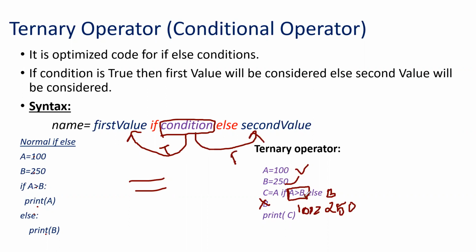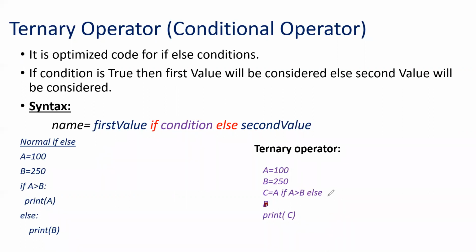Now the condition is false, so it goes to the next value, that is B. So B is here, and the B value is stored in the variable called C. Now I want to print C. Whatever the value is in B will be printed with the variable called C. What is the B value? It's simply 250.